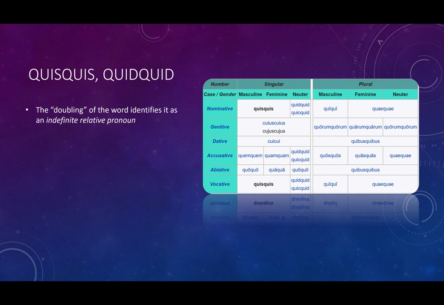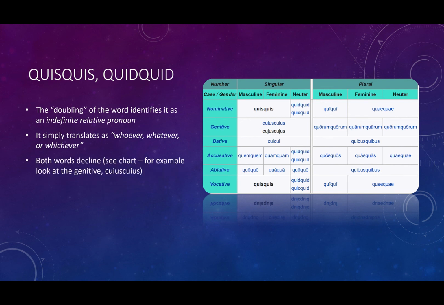This identifies it as an indefinite relative pronoun, and it simply translates as whoever, whatever, or whichever. And both words decline again. So in the genitive, it would be cuiuscuius, or in the dative, cuicui, accusative plural, quosquos. Here's our example. Quisquis hoc fecerit errabit. Whoever does this will err.